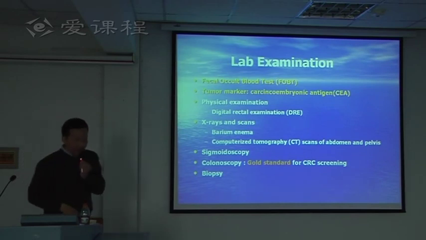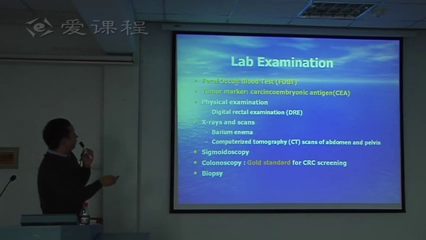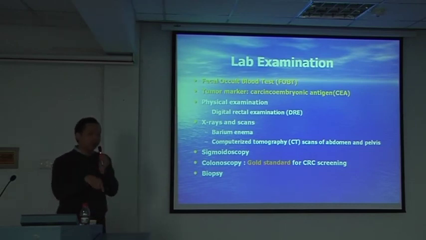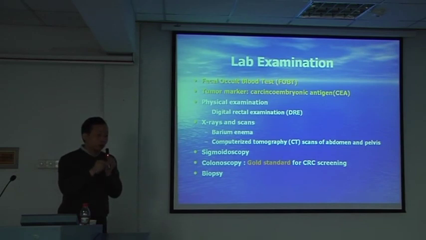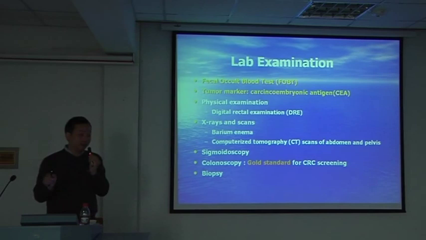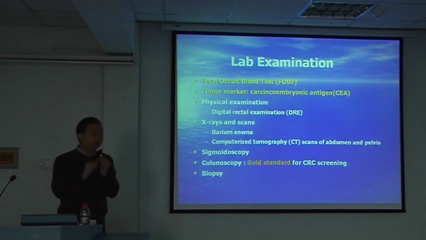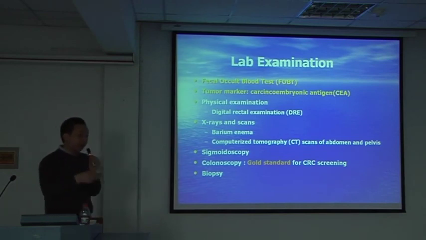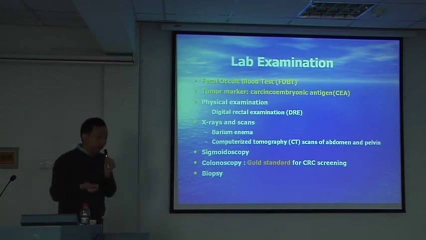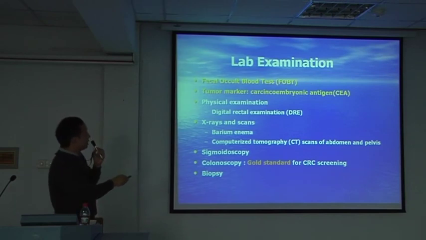And in the United States, they use the FOBT test plus sigmoidoscopy, not flexible, for screening in the normal population, not patients, and they can find some early stage patients. So for screening this is better than the fecal test. And the colonoscopy is the gold standard.